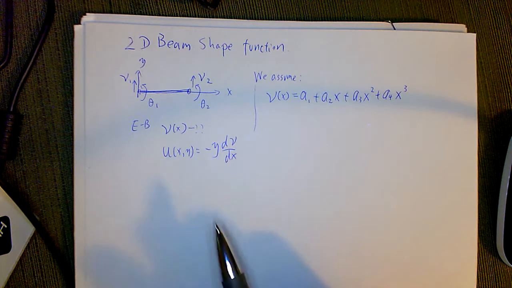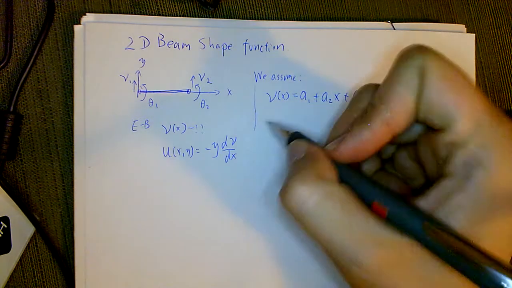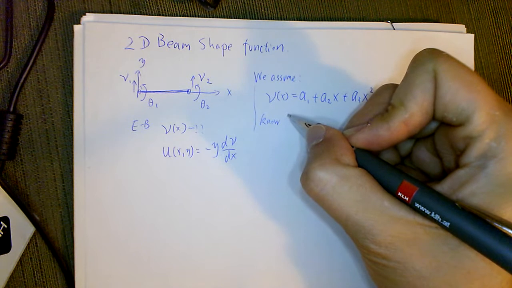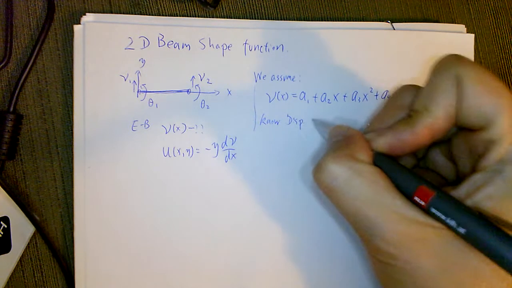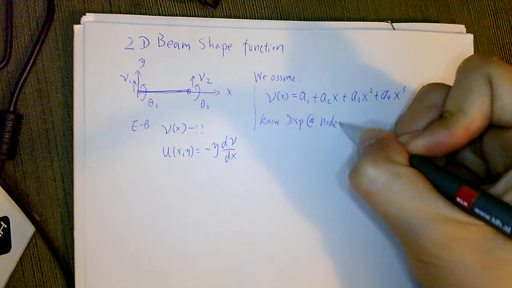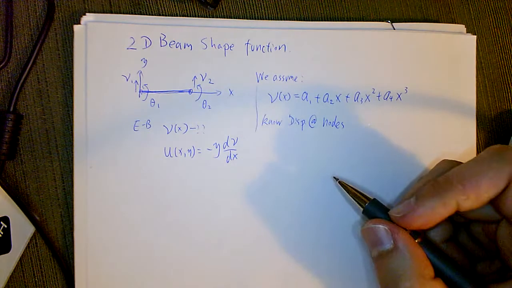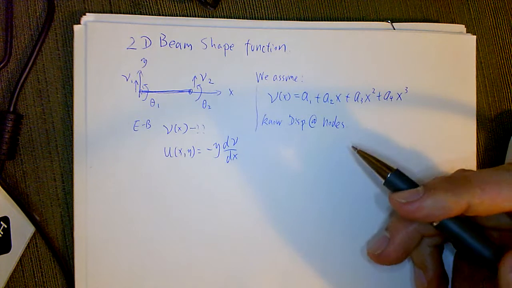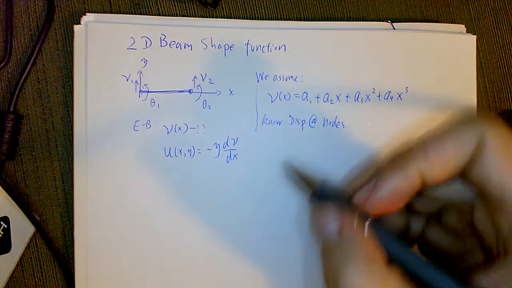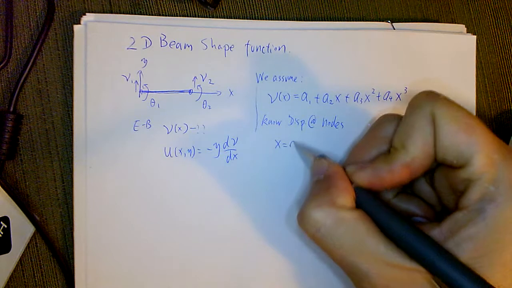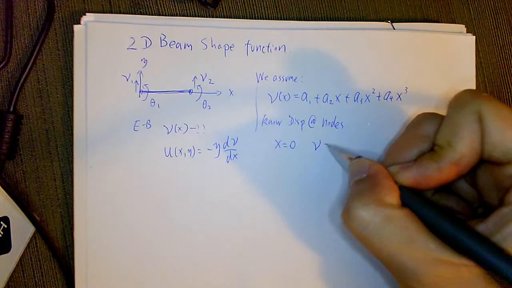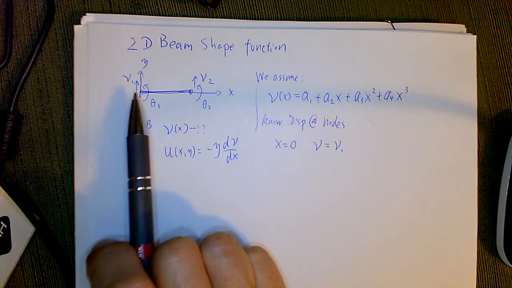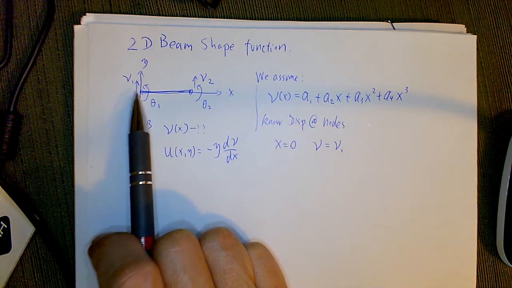So let's take a look at how we determine those. We have our known displacement at the nodes. I don't want to call this a boundary condition, because when I write it, it looks like a boundary condition, but it's not. It's a known displacement condition. At x equals 0, we have V equals V1. If you plug in 0, the vertical displacement should be equal to V1.